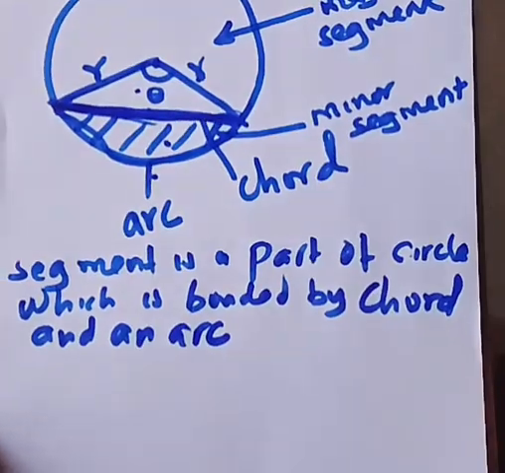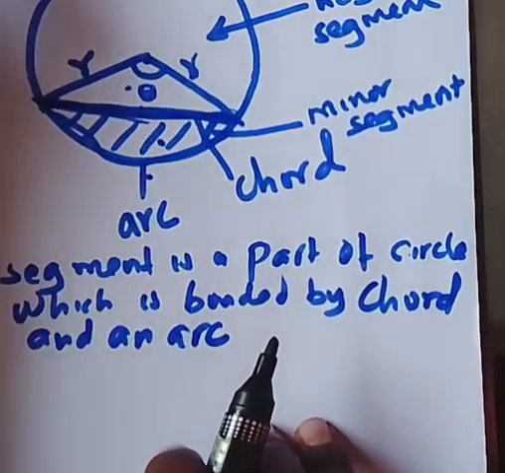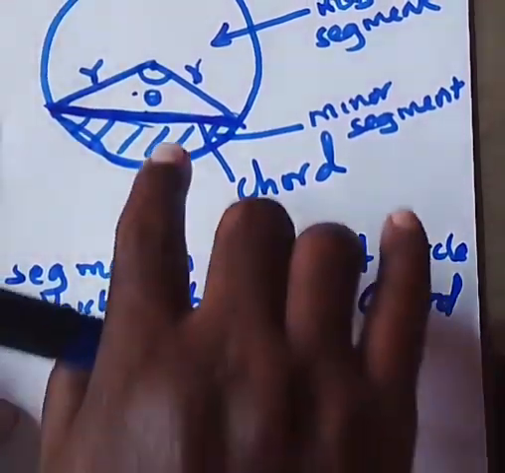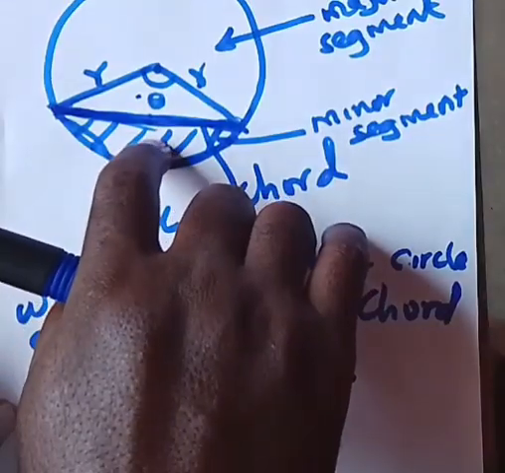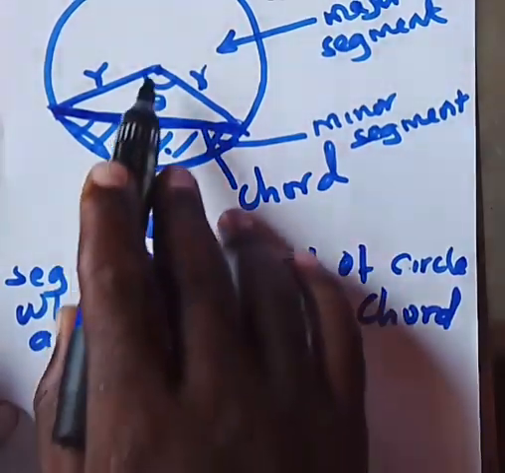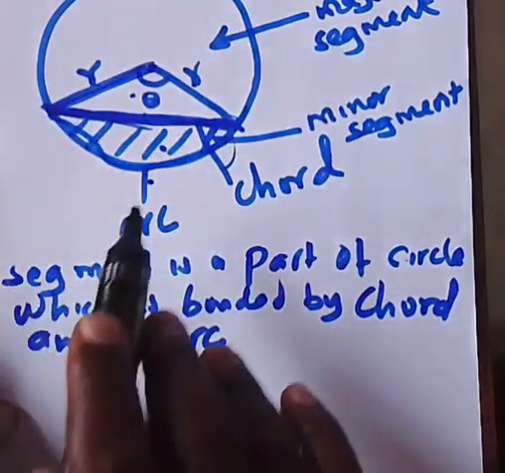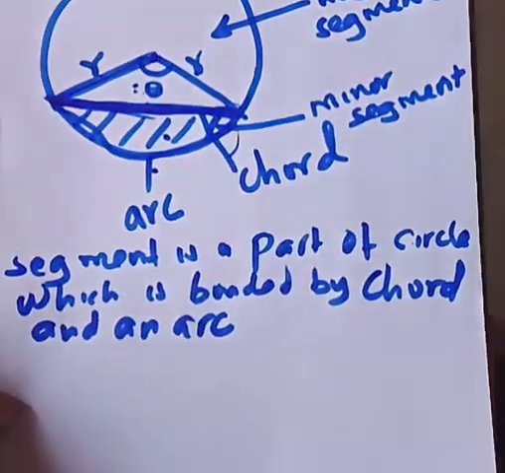Bounded by a chord and an arc. Remember, we have said if you want this segment, you must take the whole area of the sector and you subtract this triangle.